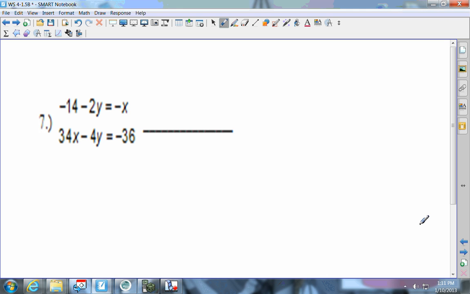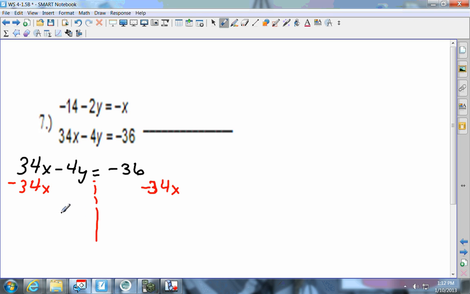Okay, on number 7, let me take this one down here. It's 34x minus 4y equals negative 36. I'm going to subtract 34x from each side. I have negative 4y equals negative 34x.